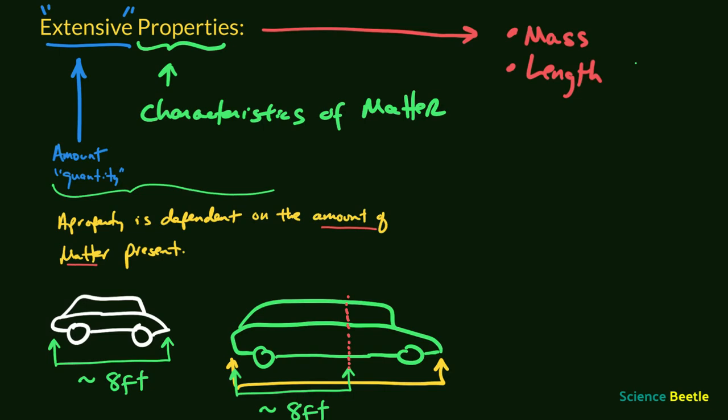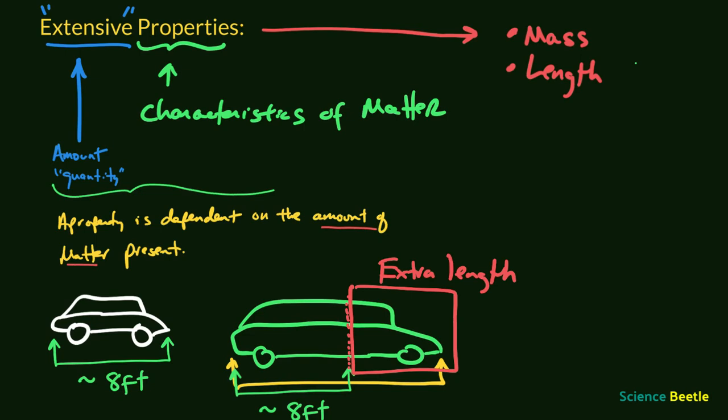I'm going to use the color red now. This extra piece here is the extra part, right? An extra length. And the reason that it's extra length is because now we have essentially extended how much of a car is present, so therefore the length is going to increase.